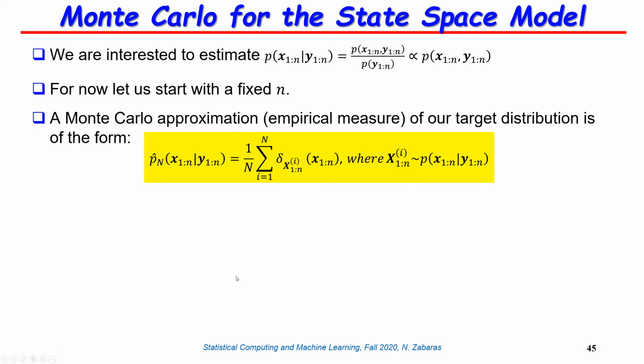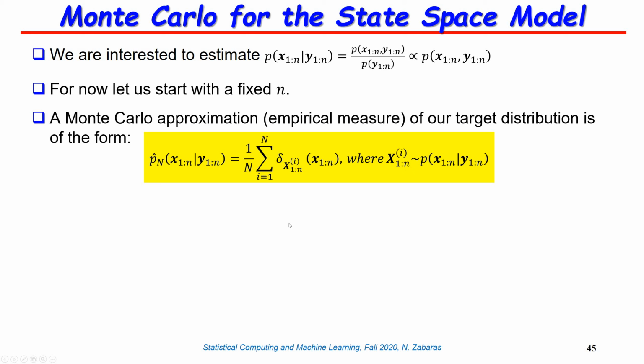All right, so here is the empirical distribution of our target distribution for standard Monte Carlo. You take n samples, and I denote these samples capital X from 1 to n, because I am looking at a target distribution that has variables x1, x2, all the way to xn. So this will be the i-th sample of my variables x1 to n. These are my delta functions.